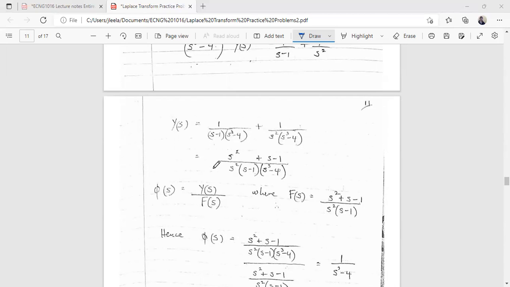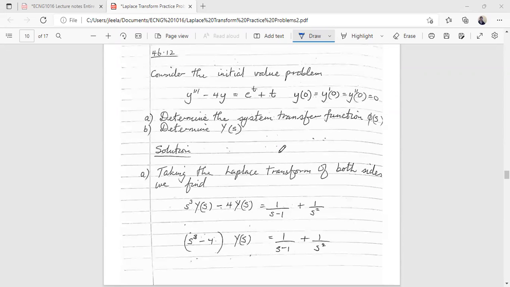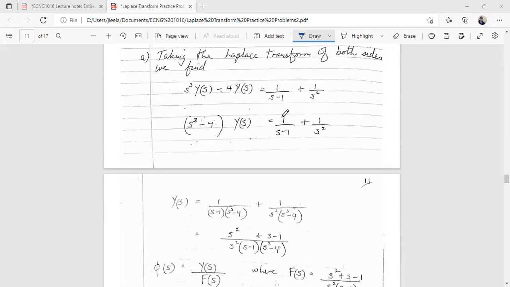So you have Fs is s squared plus s minus 1 over s squared into s minus 1, right? That is the Fs, this part here.